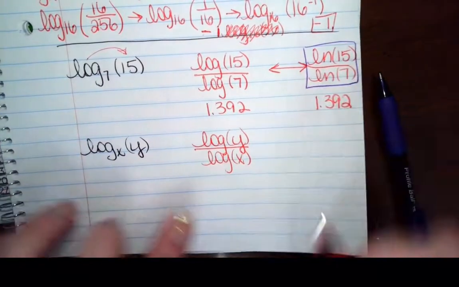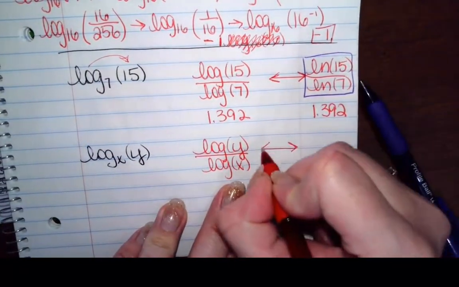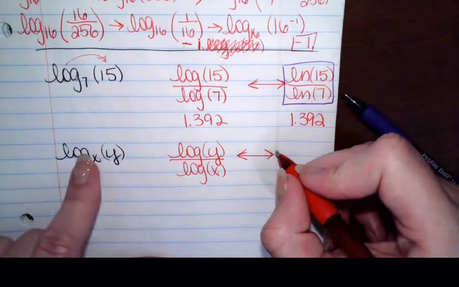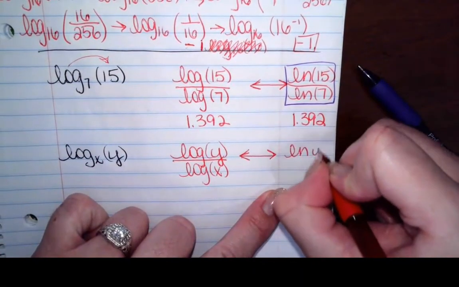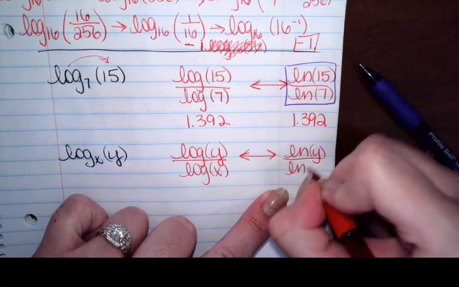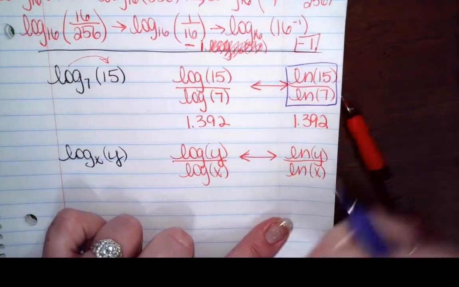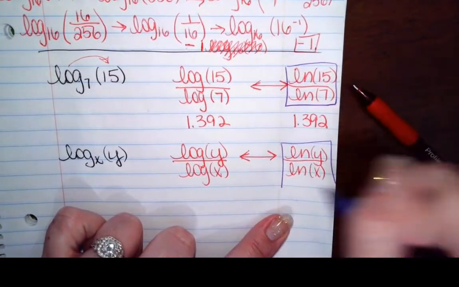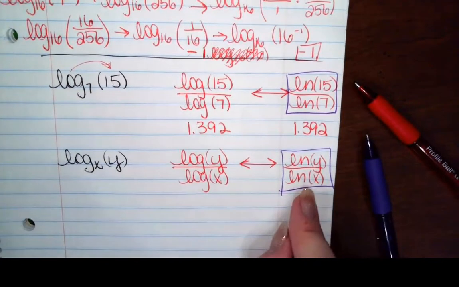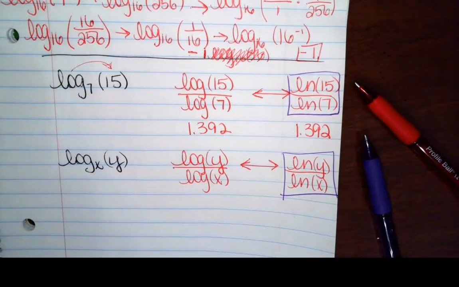We're using the natural log, but we just showed that those are the same things. So this is actually going to be the natural log of y over the natural log of x. And that is going to be my final answer. You cannot reduce that to the natural log of y over x. Don't do that. Okay? You're changing a base. And that is your lesson for this module.